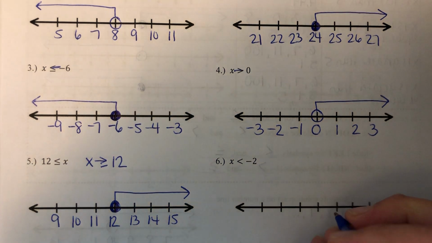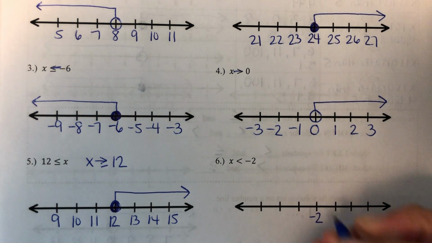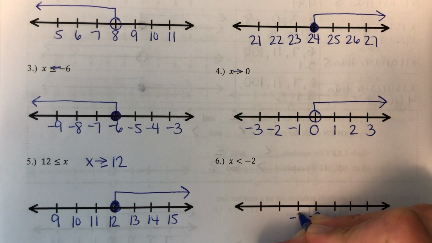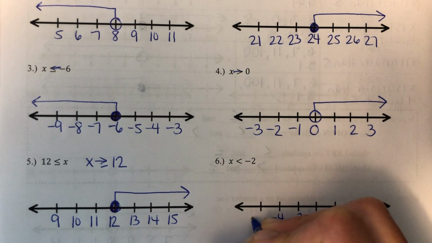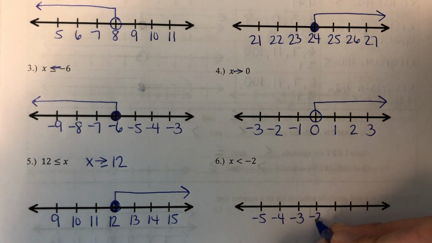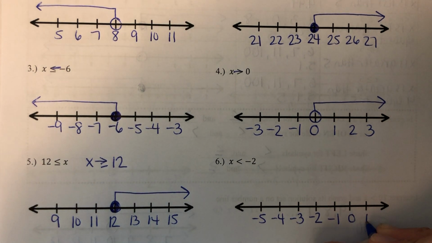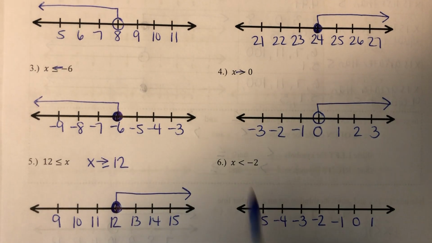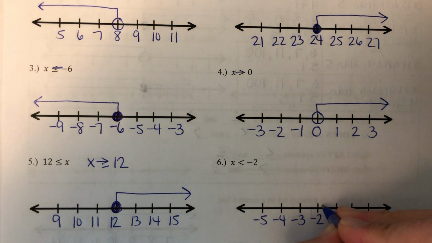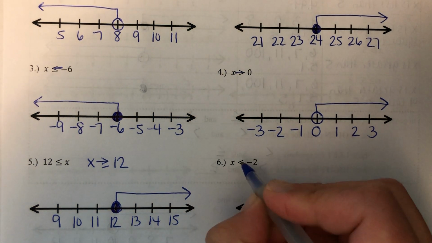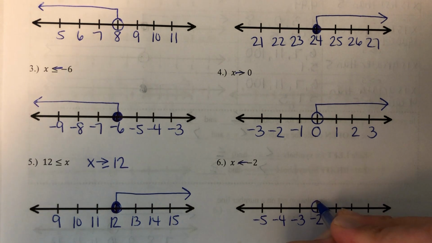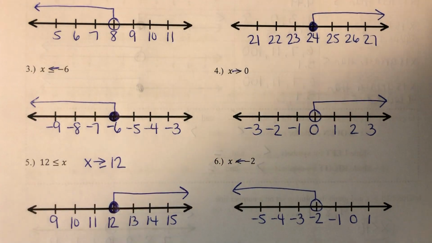Number 6, -2 in the middle. Getting colder out, it's -3 out, -4, -5. Now we're getting warmer, -1, 0, +1. There's no equal to on it, so open circle, turn it into an arrow, it's pointing to the left.